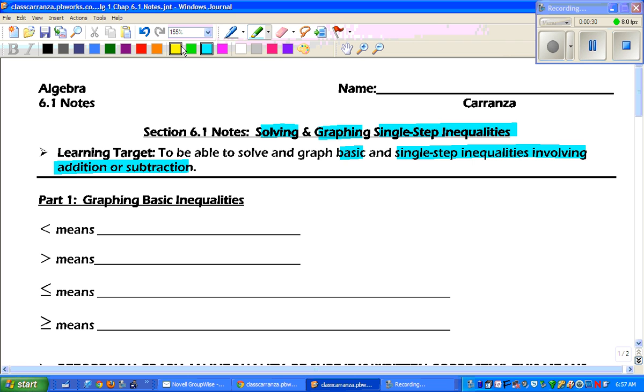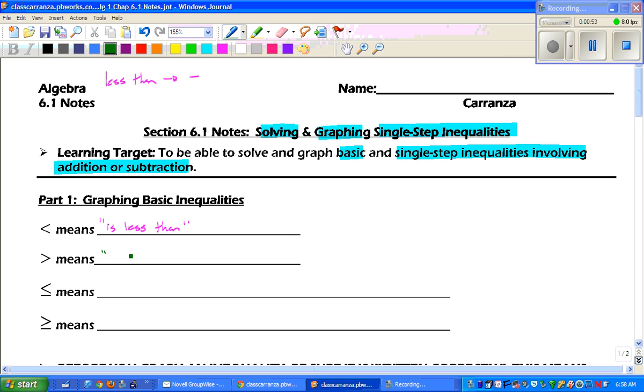Okay, so let's review what some of these symbols mean. Now, this first one, you might say, is less than. But remember that less than means subtraction. This means is less than. Okay, we have to have that word is in there first.